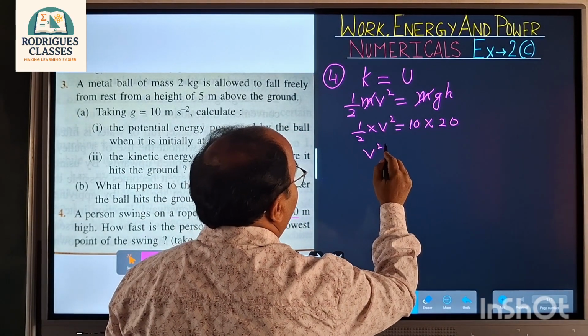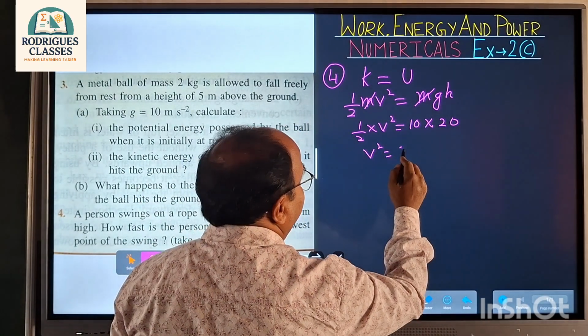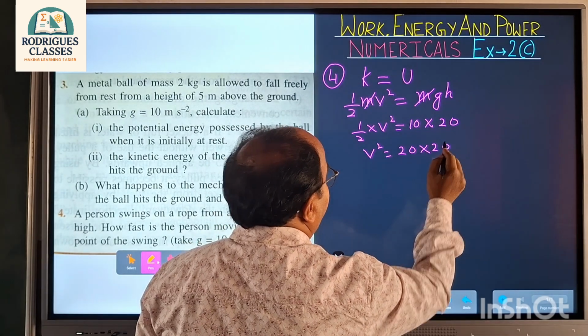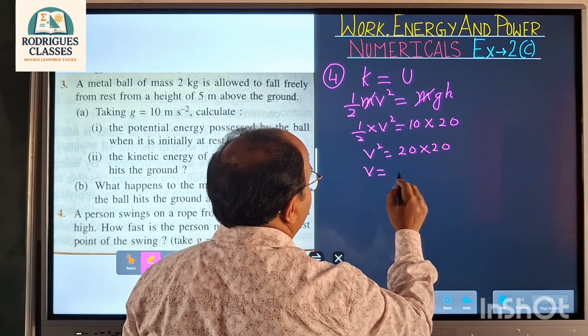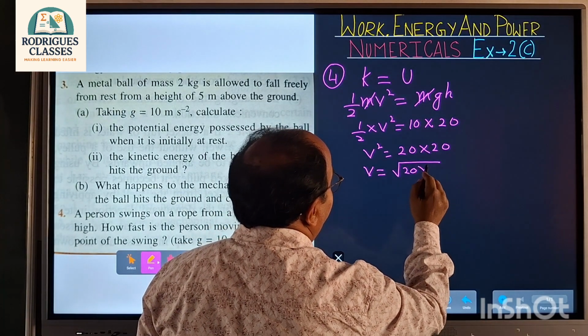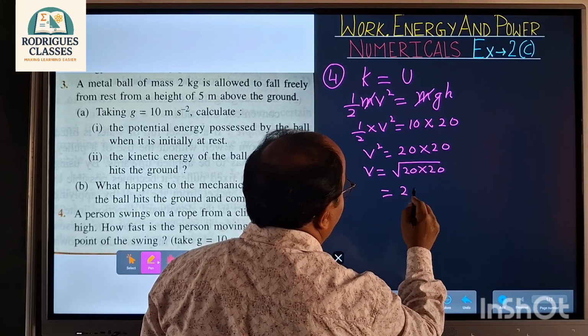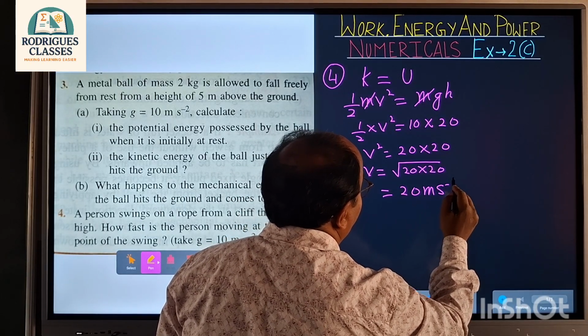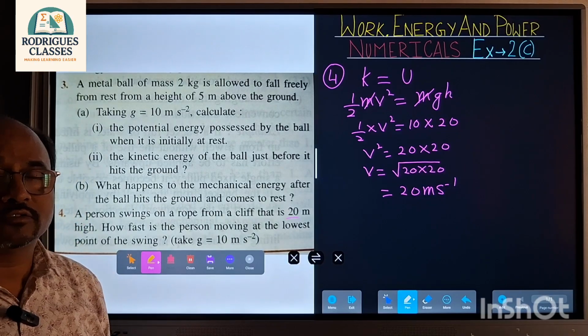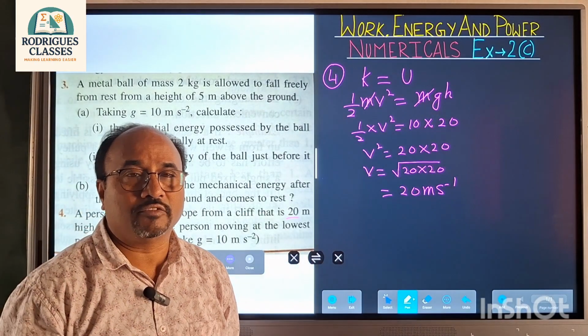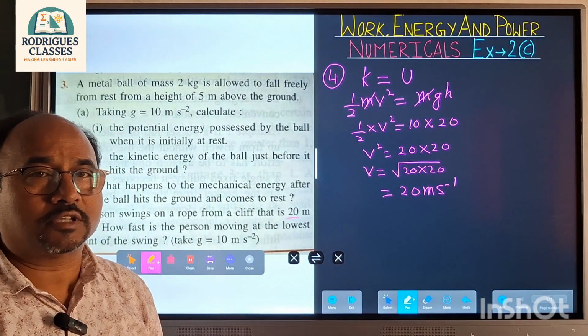So we get v square: this 2 will multiply with 10, it will become 20 into 20. So v equals root over 20 into 20, we get it as 20. Speed is asked, so meter per second. So again we applied the law of conservation of mechanical energy to work out this sum.